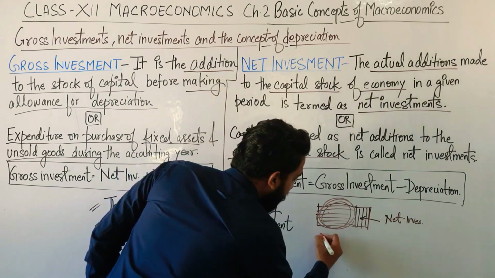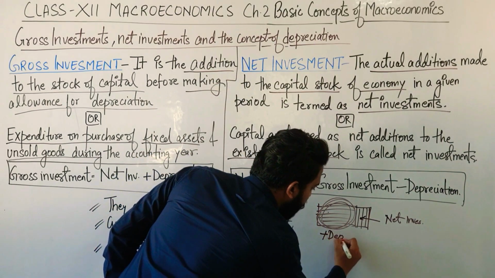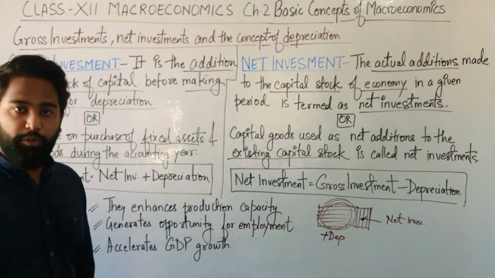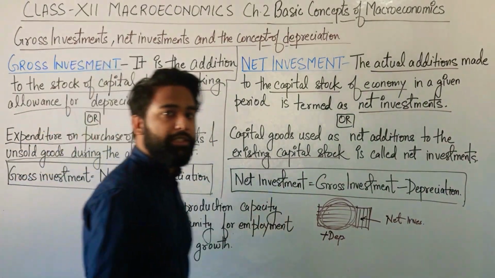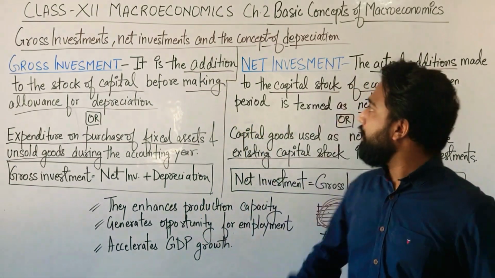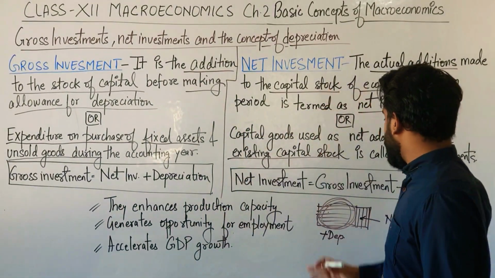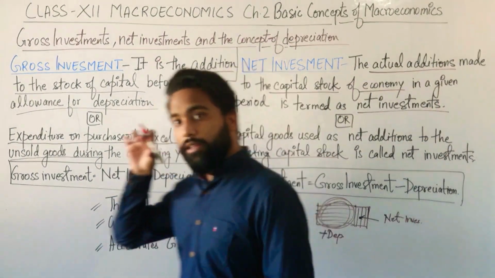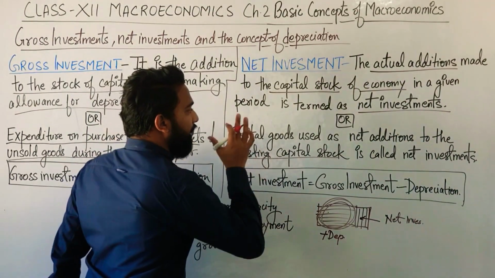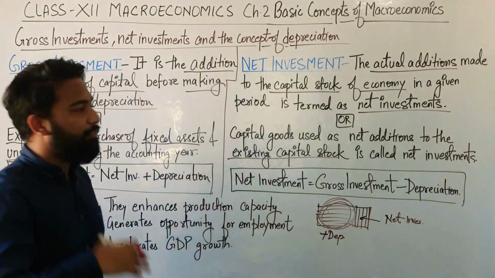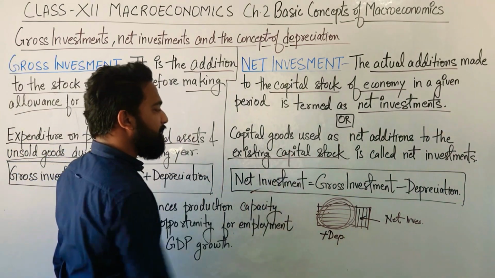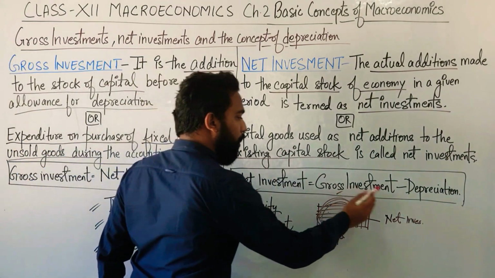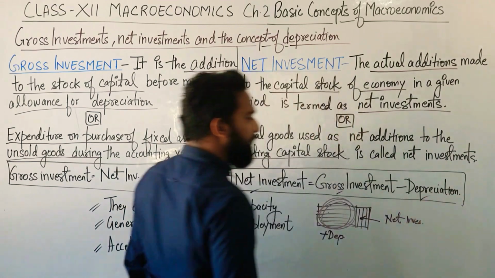Is that clear? This is the net investments and these are the gross investments. But in this, depreciation you have not removed. Depreciation is included in the gross investments. Like if we can make a formula of these things, we can have net investments is equal to gross investments minus depreciation.